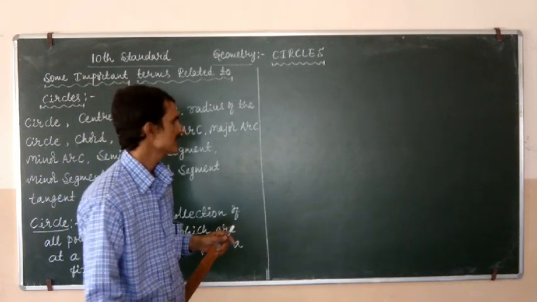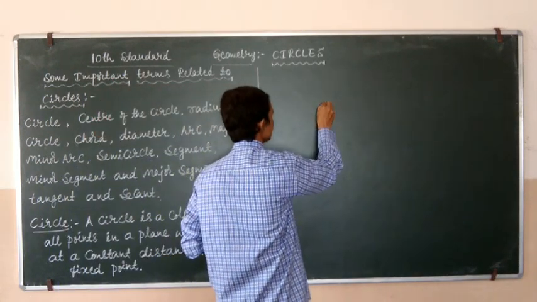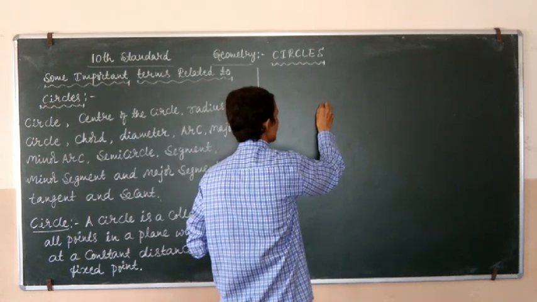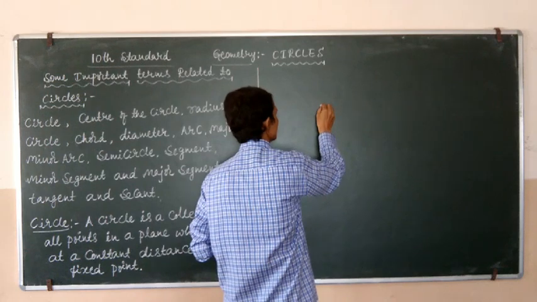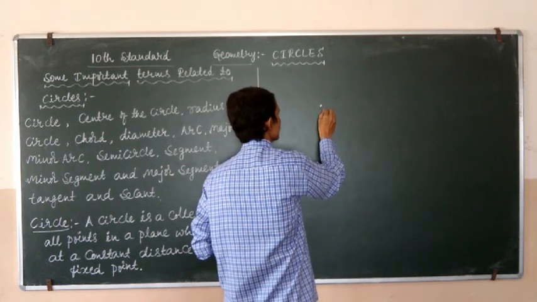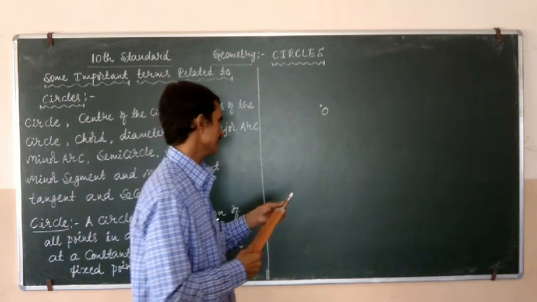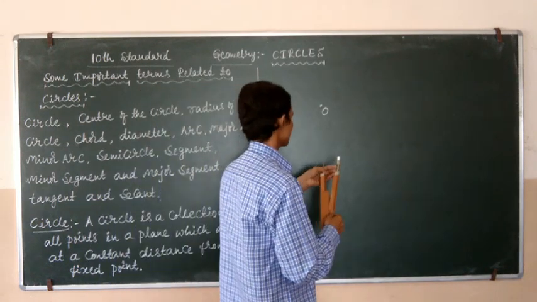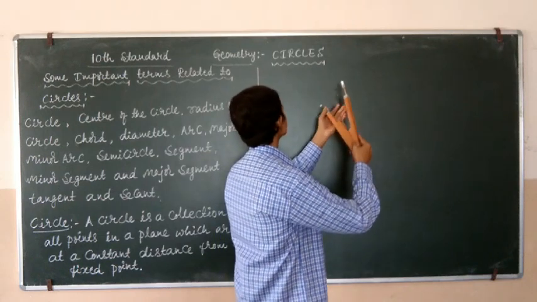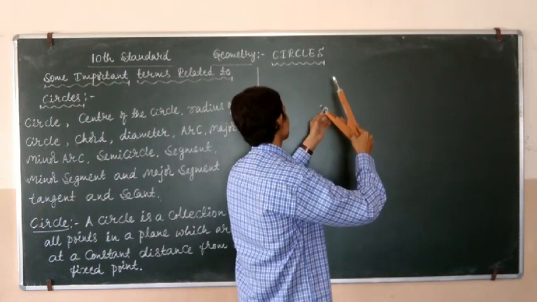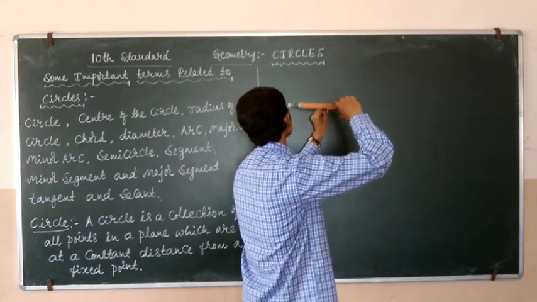Let us see the circle by drawing any point on the plane. I will take O as a point on the plane, and with some distance, I will draw a circle.